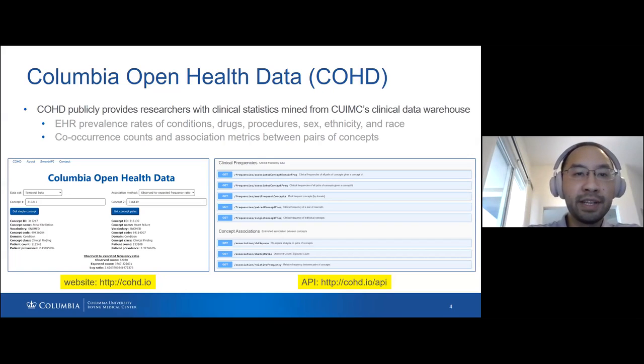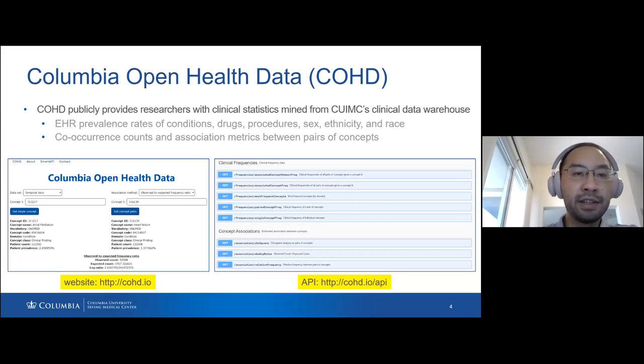And Columbia Open Health Data is essentially a public research data set that aims to assist researchers by providing clinical statistics that we've mined from CUIMC's clinical data warehouse.